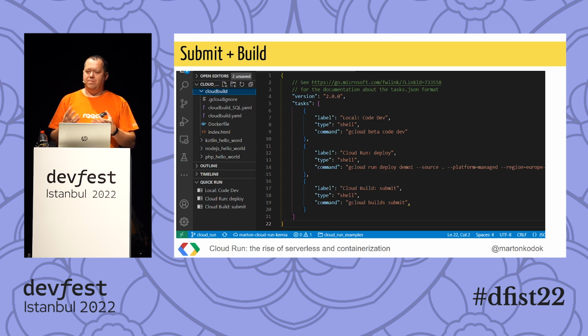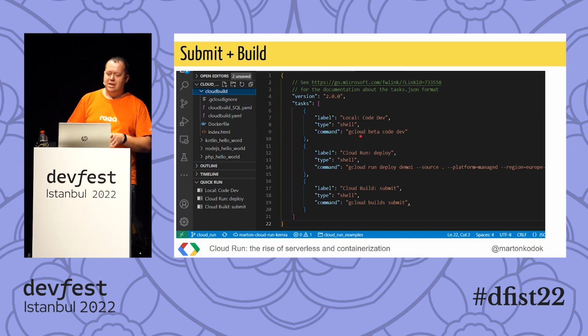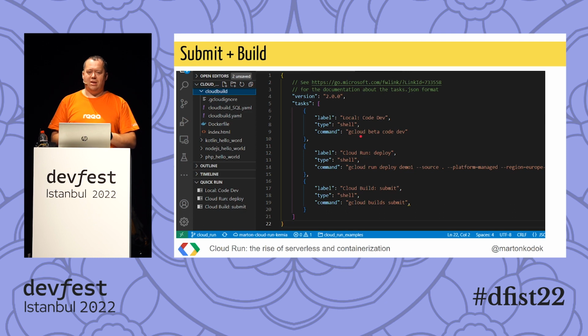Essentially, if you want to deploy it, you have multiple ways to deploy it. There is this gcloud utility, which you can install, and you should install it on your PC to interact with Google Cloud. The gcloud utility is a command line tool. You can run, for example, gcloud beta code dev, which means that in the local environment, this folder will be taken live and you will have access to a URL to test it locally.